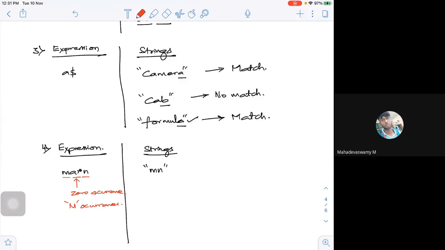What do I mean by it? Whether A can exist or A can exist more than once. Yesterday I was trying to explain this, and I think some of you found it difficult to understand. Today that's why I'm giving an example. Whenever I put M A star N, even if A is missing, as long as my first letter is M and the last letter is N, it is matching.